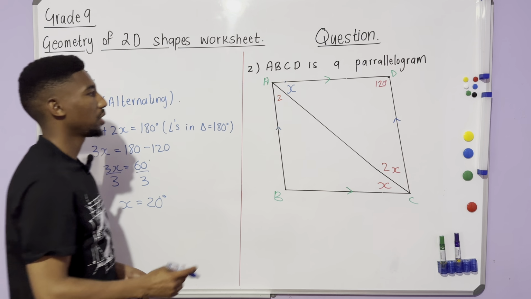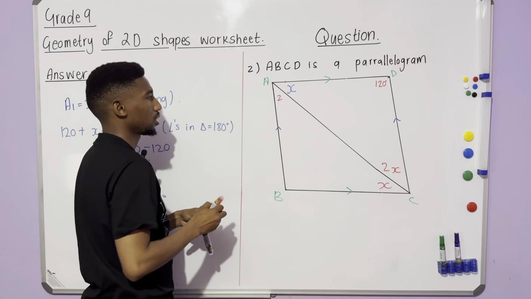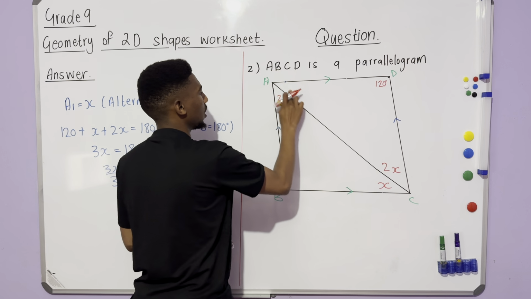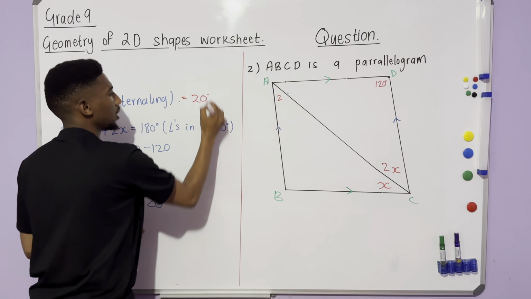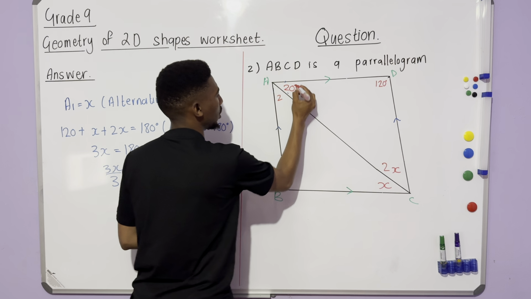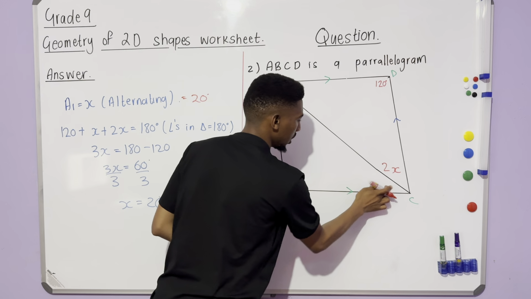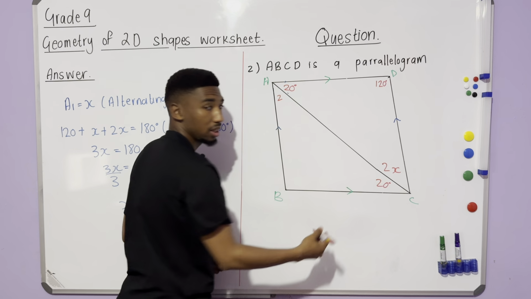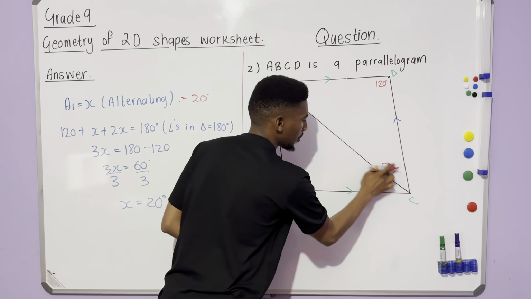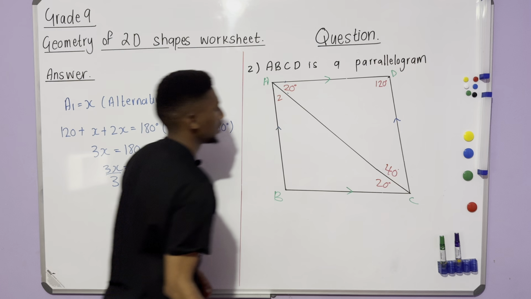Right, now that we have x, we know that this angle is x, so we can say that angle A1, which is shown as x, is equal to 20 degrees because of the information we just found out. That means this is 20 degrees over there, and this is 2x, meaning 2 times 20, which is 40 degrees.